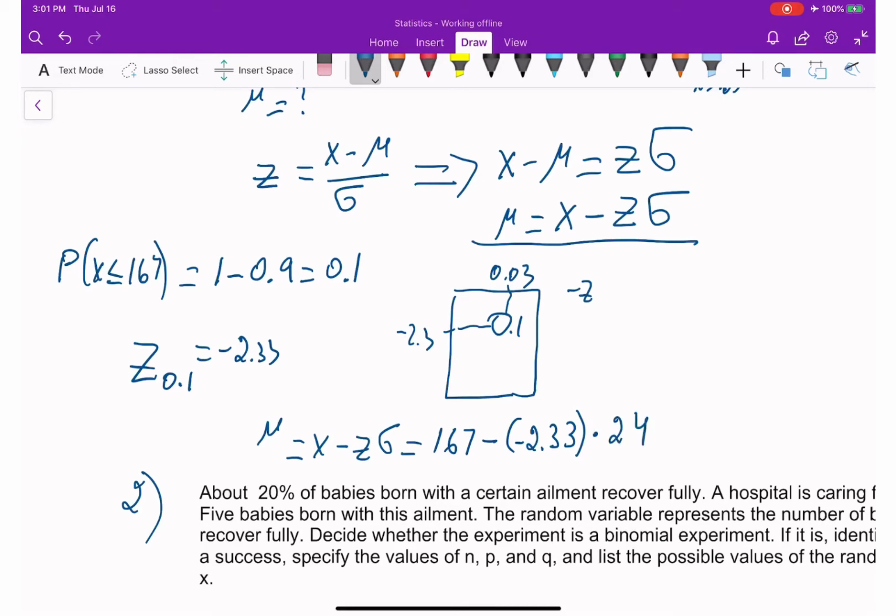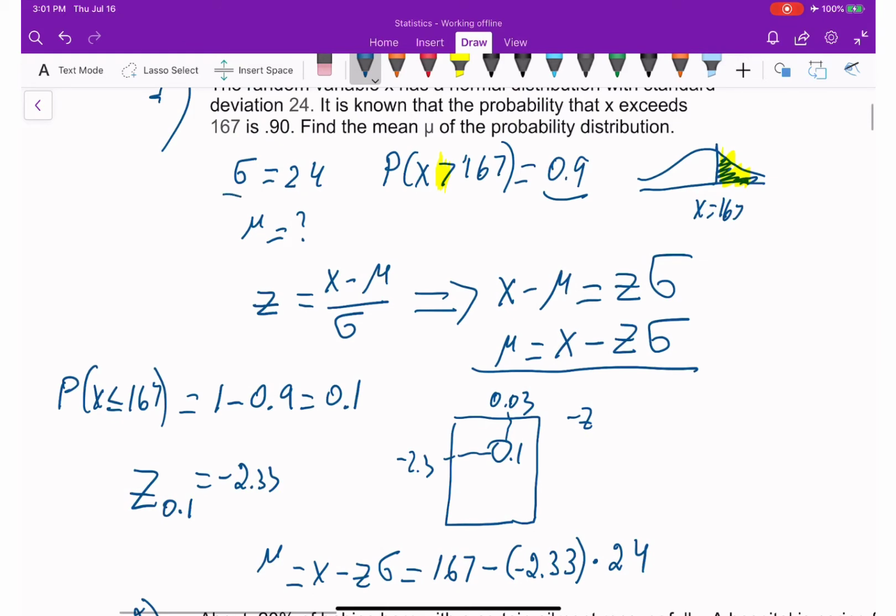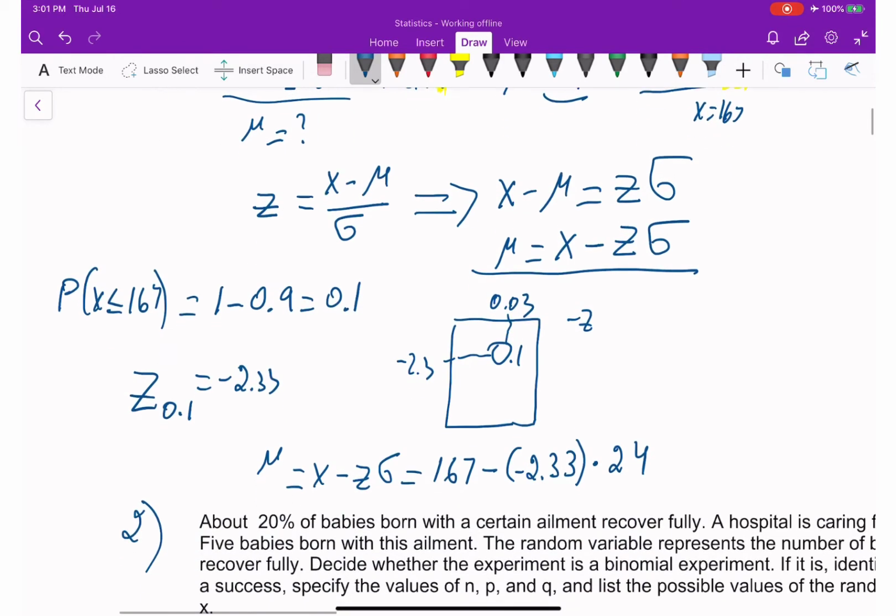So our x is 167 minus the z-score, negative 2.33, times 24. Sigma is 24 right here. The solution is going to be 167, and we end up adding, because we have two negatives here, plus 55.92. Our mu is going to be equal to 223.